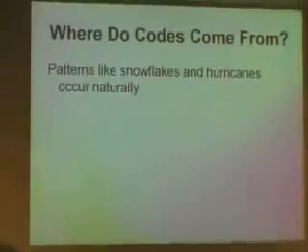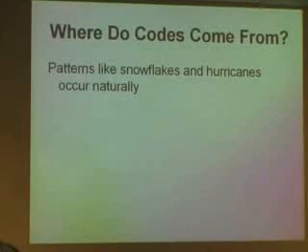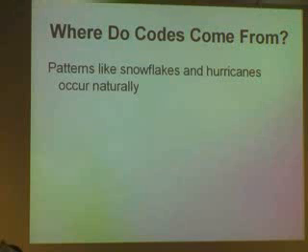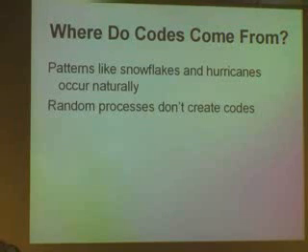So where do codes come from? Patterns like snowflakes and hurricanes occur naturally. Nobody has to design a snowflake. But, and this gets to the whole point of my presentation, random processes, accidents, weather, they don't create codes.